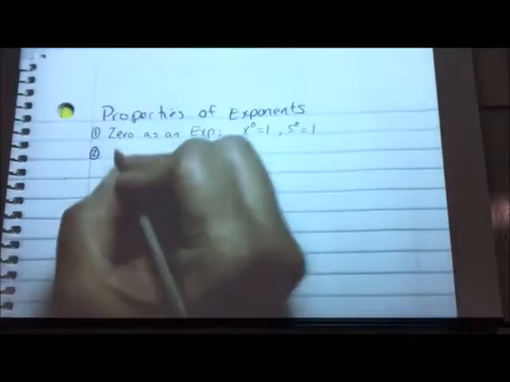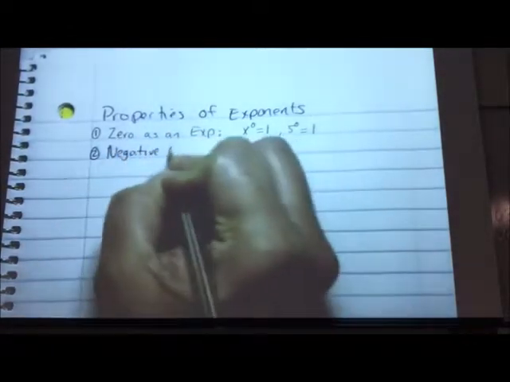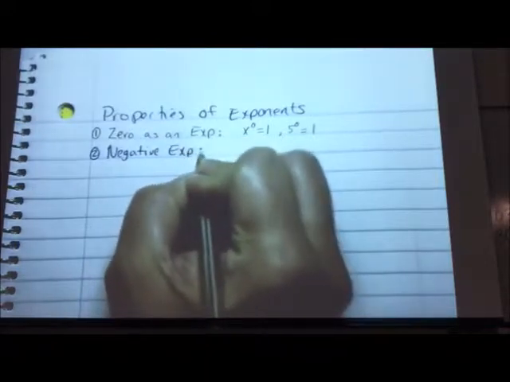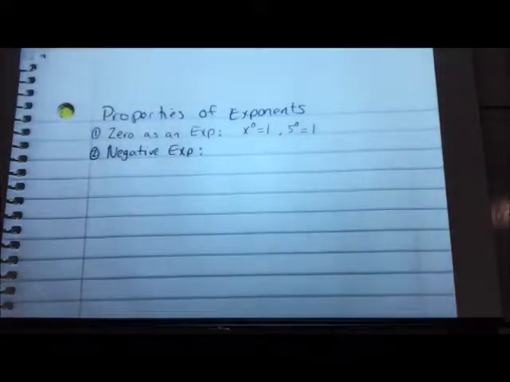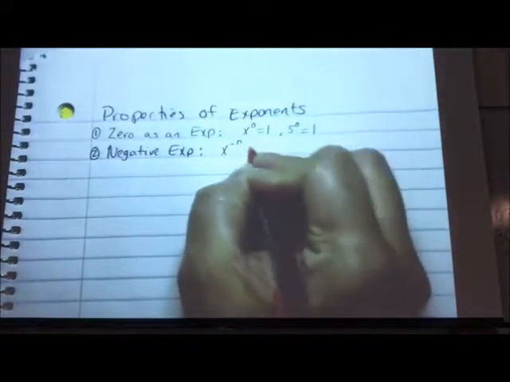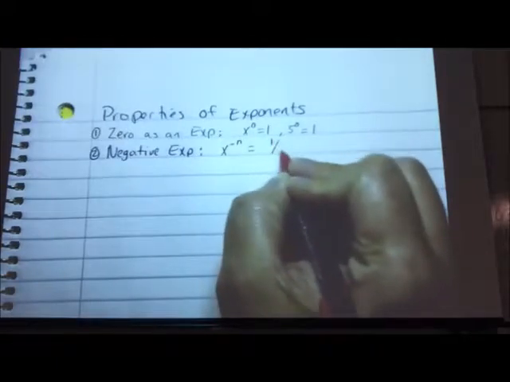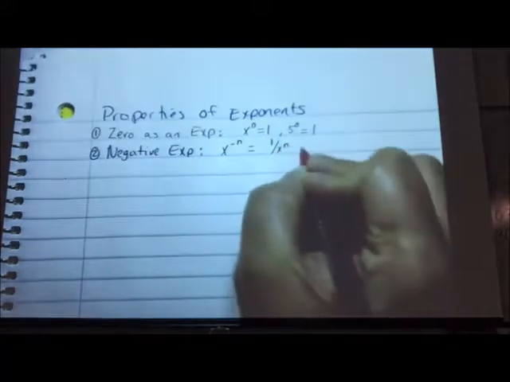Second rule is we're not allowed to have a negative exponent. What happens when a negative exponent ends up in your answer? So let's say we had x to the negative n. We would have to rewrite this as 1 over x to the n.